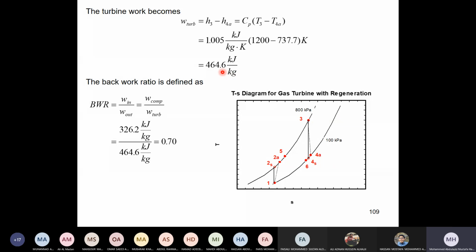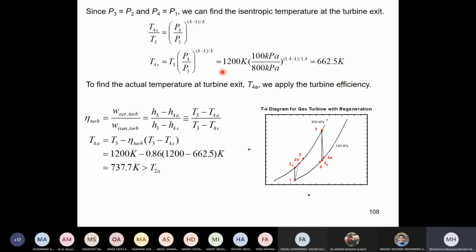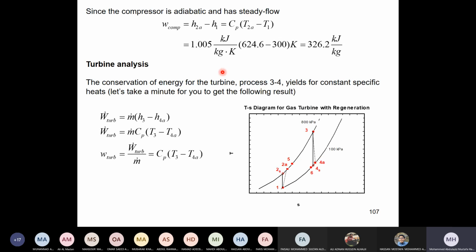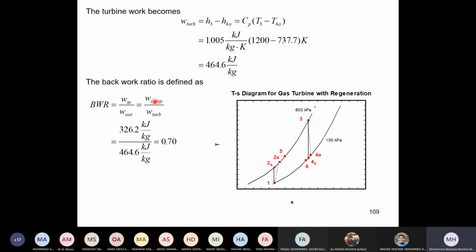Remember here W turbine is 464. W compressor is 326. So the ratio is about 40% as we mentioned there. So the back work ratio is W compressor over W turbine. This is the value here, and over this value it gives us here 70%. Can you tell me why this is a little bit higher here?